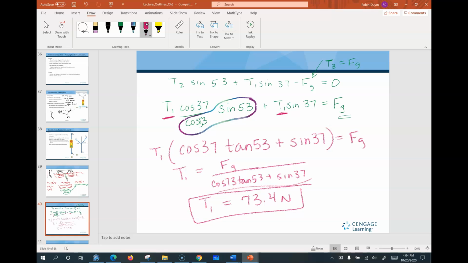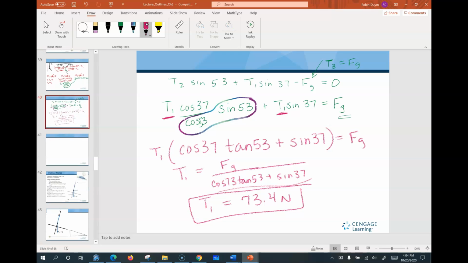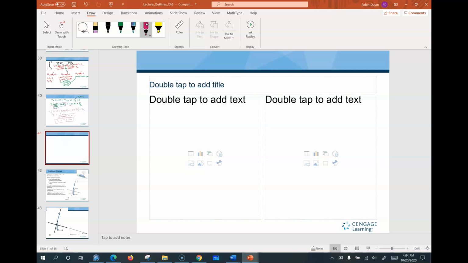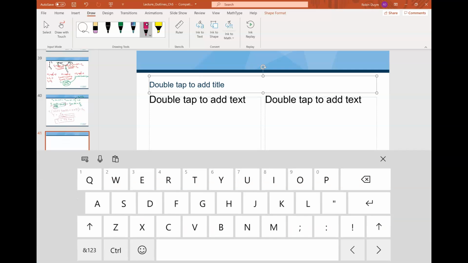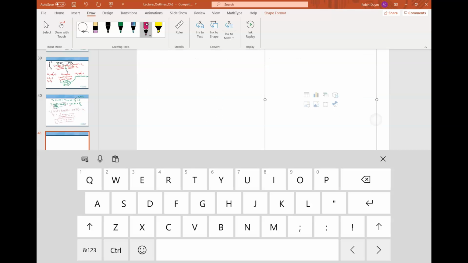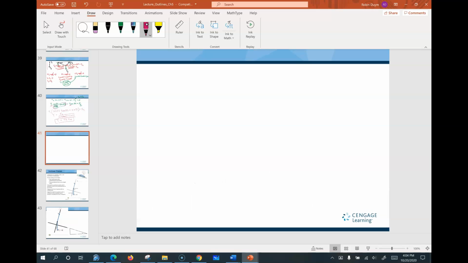And then on the next page, we're going to use that to find T2.